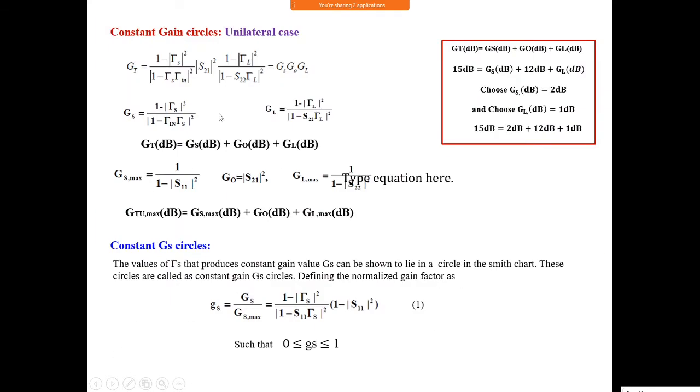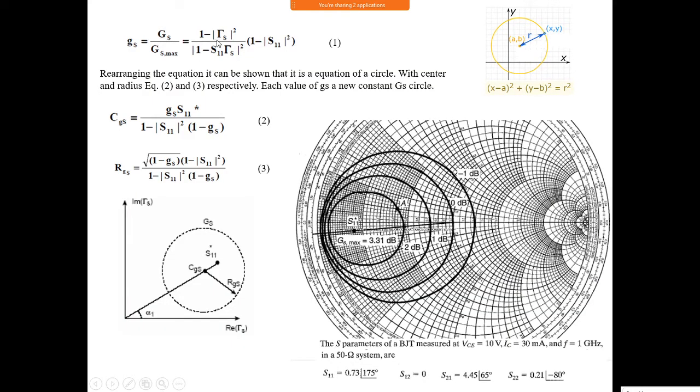From this equation, you can see the right hand side equals the left hand side for many combinations of ZS or TOS. All those values of ZS that make the left hand side equal to this form a circle.